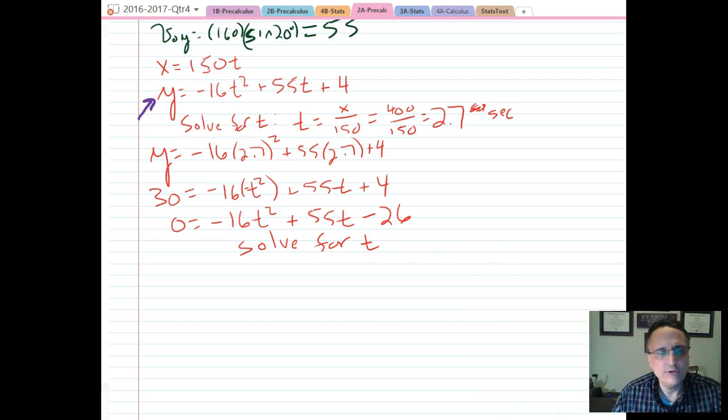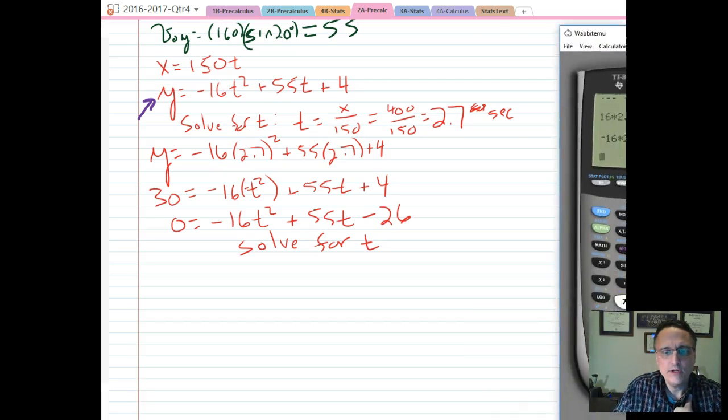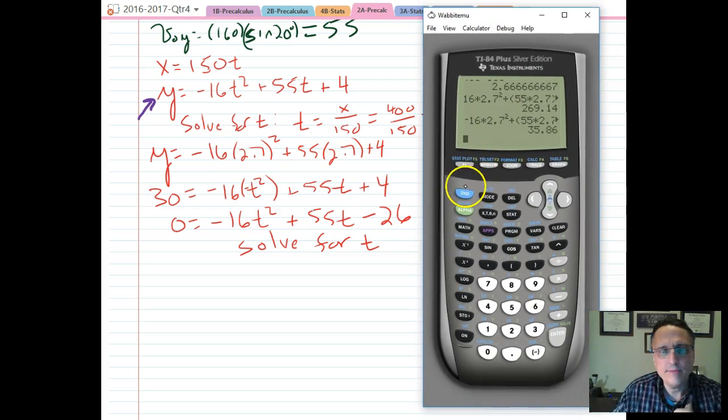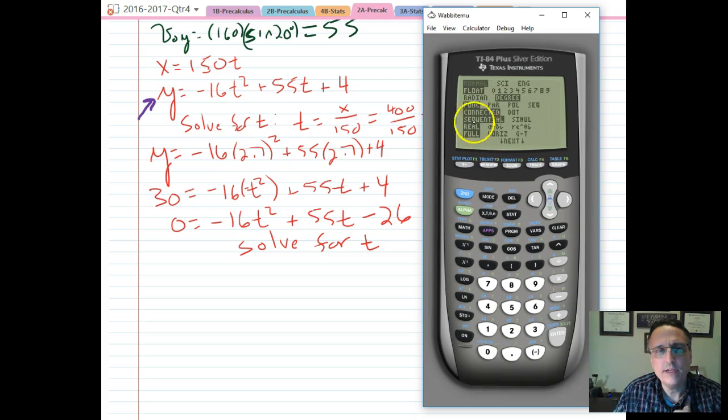The other way that you could do it is you could take your TI-84 and graph this in regular mode and see where the x-intercepts are. I'm going to show you how to do that because it's pretty instructive for us to know how in the world we can do this. I am going to go here in my calculator and make sure that I am in the function mode right here.